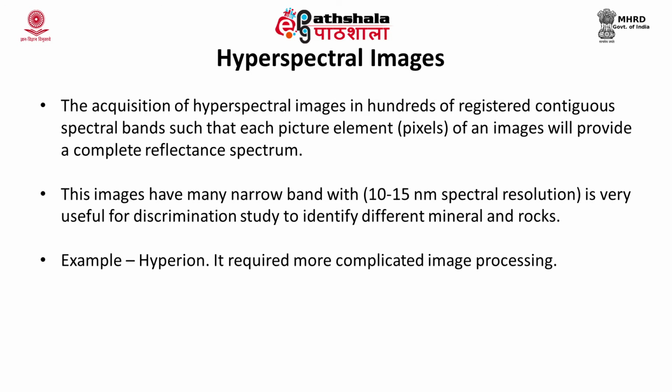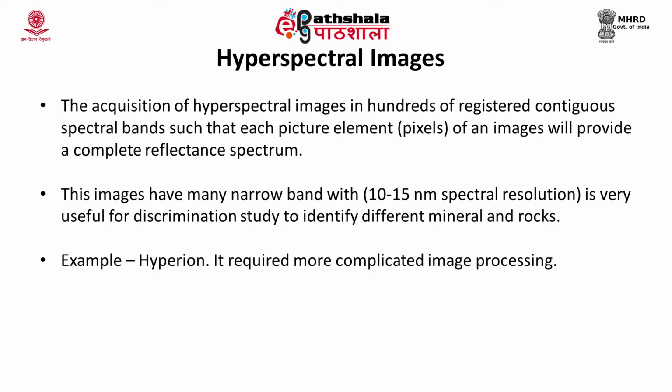If you look at the hyperspectral, due to the advancement in technology, now we are collecting information in the hyperspectral range, and in the hyperspectral you can see hundreds of narrow bands are present. So, we will get more detailed information about the particular mineral and rock.